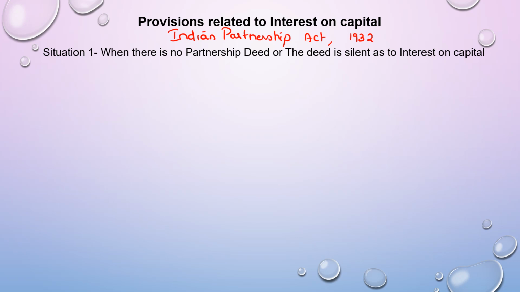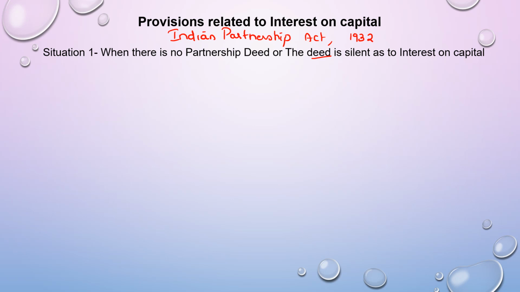And when that agreement is put in writing, we call it a partnership deed. So when there is a deed, then whatever is agreed as per the deed, the appropriations would be made or allowed accordingly.